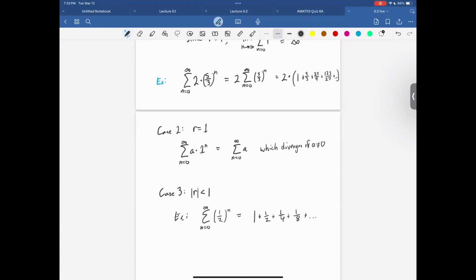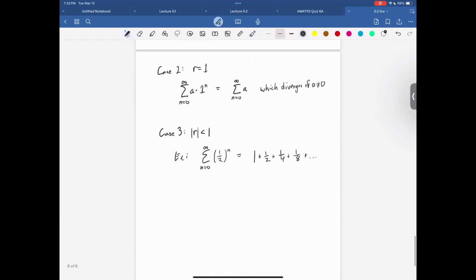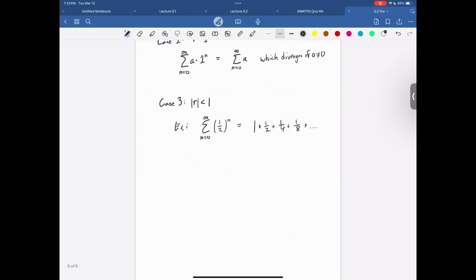Well, that's going to very quickly approach something. We can see that those terms are dropping off at a rate much faster than something like the harmonic series. And in fact, the geometric series, whenever the absolute value of r is less than 1, will always converge.